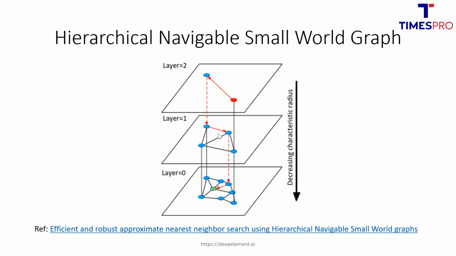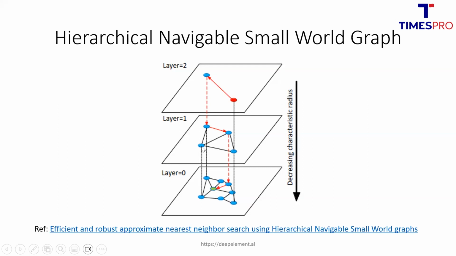So that is equivalent to traveling the second level graph over here. Maybe that is not a direct flight. Maybe that flight goes from Delhi to Jaipur, Jaipur to Hyderabad, and from Hyderabad to Bangalore.